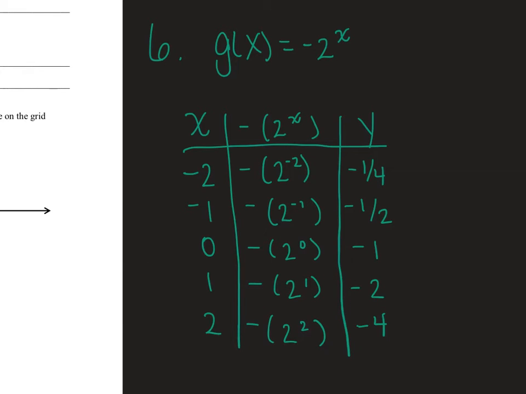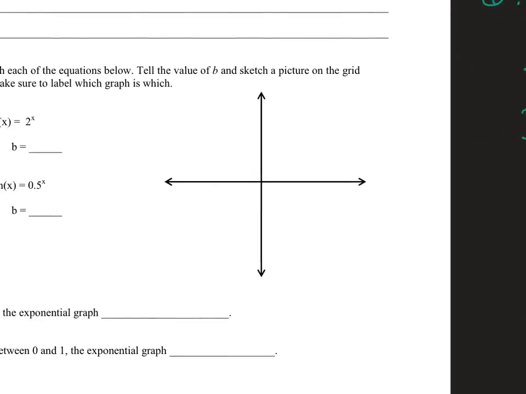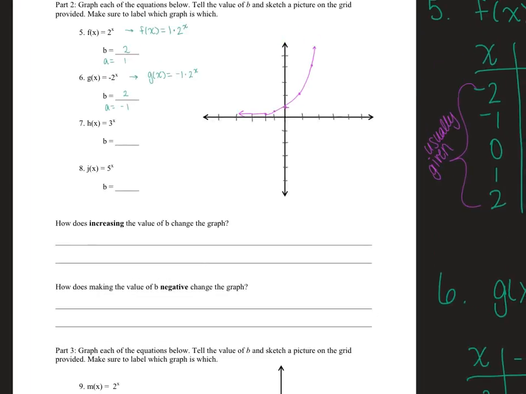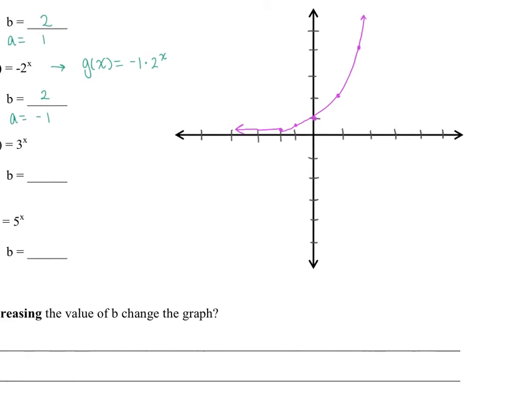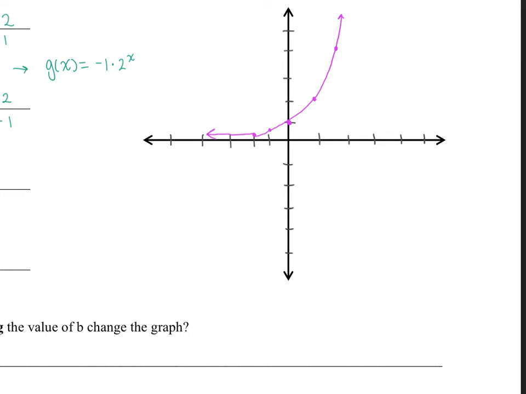So let's graph this. Oops, where did we go? All right, here we go. So we have our first point was negative 2. Now our output was negative 1/4. And then I had negative 1, negative 1/2. I have 0, negative 1, 1, negative 2, and 2, negative 4.